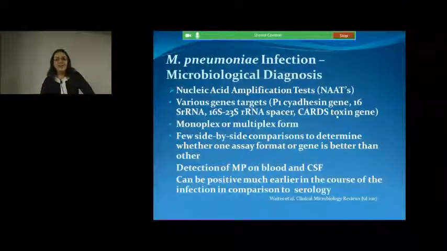But PCR is important because it allows the detection of Mycoplasma in the blood and CSF, because the culture is rarely positive in those specimens. The PCR can be positive much earlier in the course of the infection in comparison to the serology.